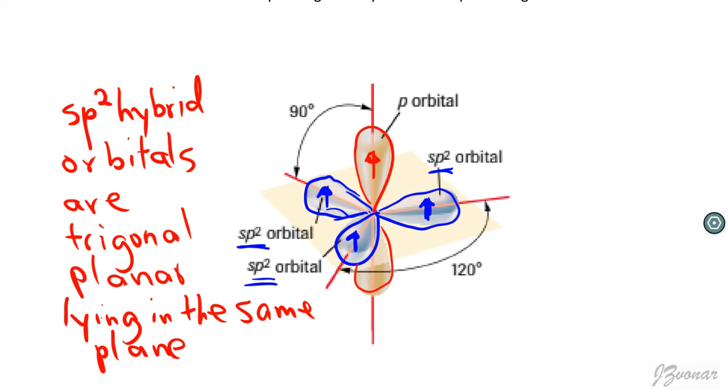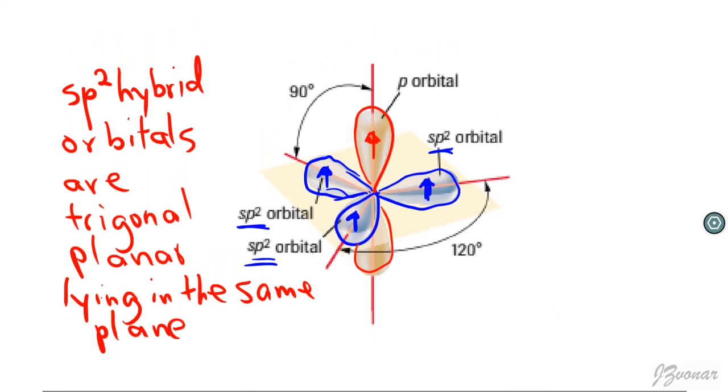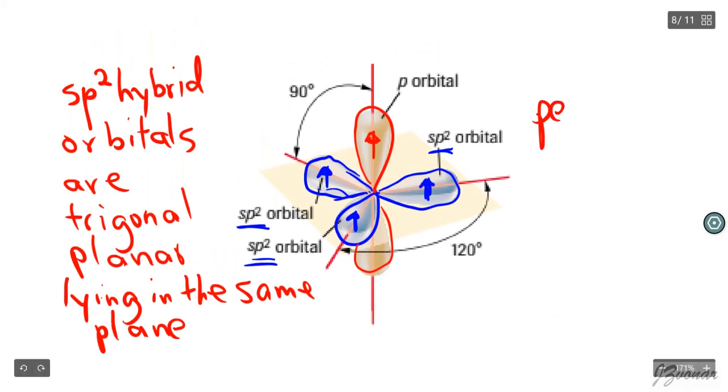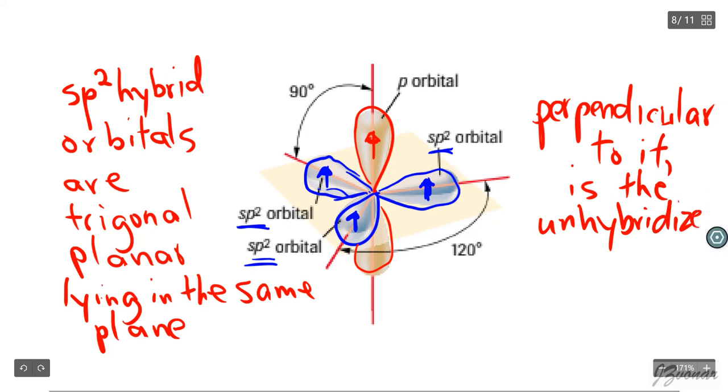And perpendicular to it is the unhybridized normal p orbital. I'll put that over here so you realize that perpendicular to it is the unhybridized p orbital.